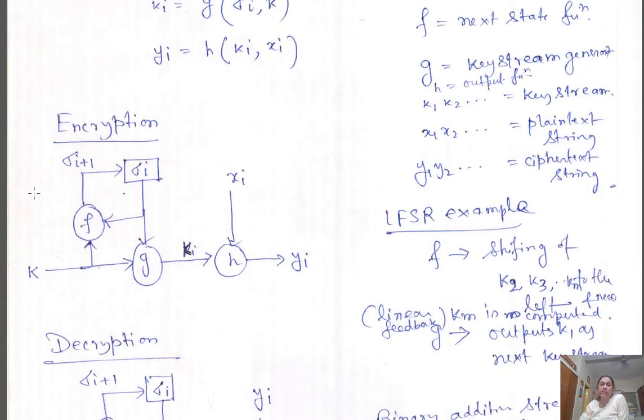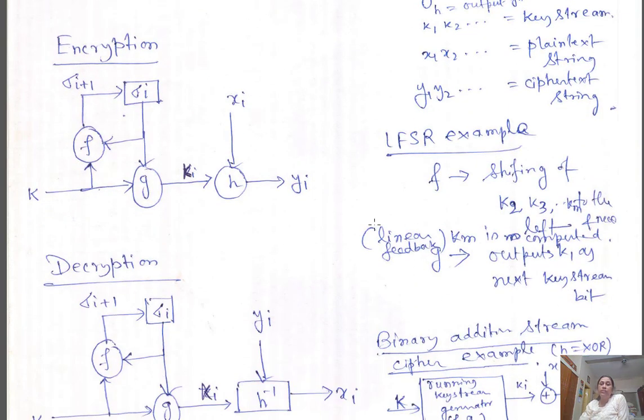This is the general design, and you can fit LFSR in this model. I've tried to explain it here, but go through it and think more on it, and you will get how F and G are associated with the LFSR example.